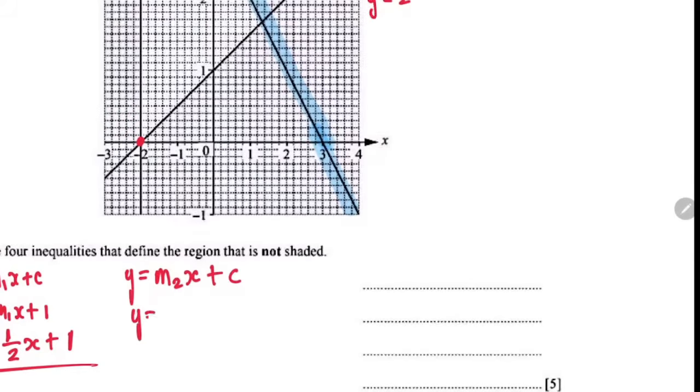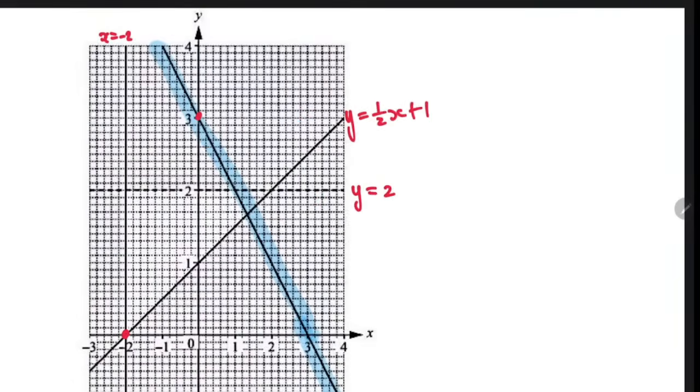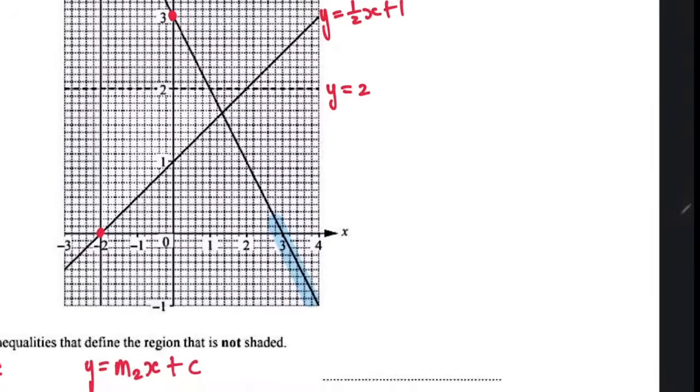Now you need to find your m. y will be equal to negative, because it's slanting downwards. Then take from a point till you get to another good point. Let's see how many steps we moved in the y. We've already said negative.